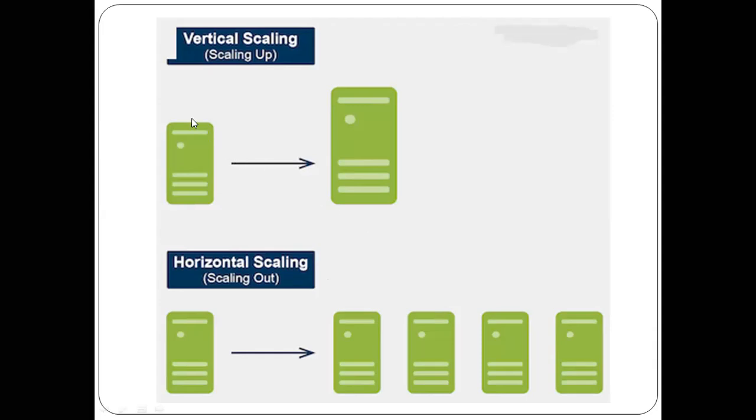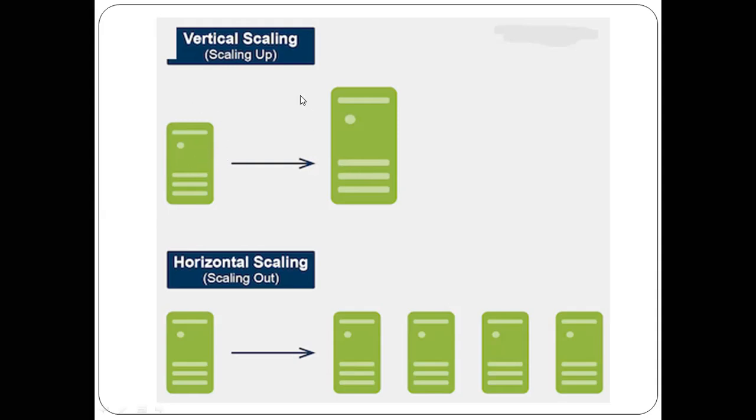If I take 32 GB of RAM for the first time, now I want to improve the system. So one way is I can replace this 32 GB RAM computer with a 128 GB RAM system. I'm completely replacing a system with a different RAM size.